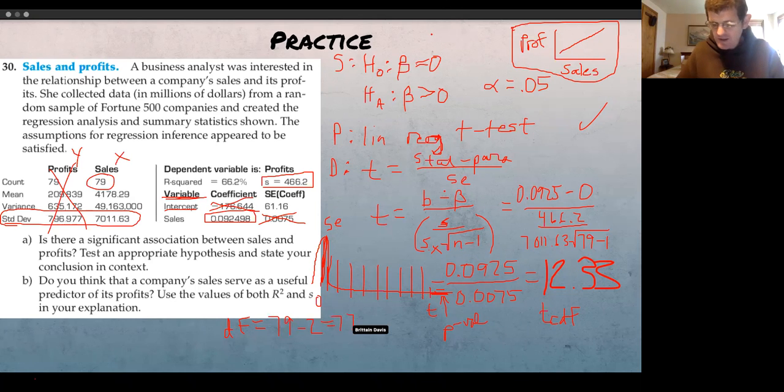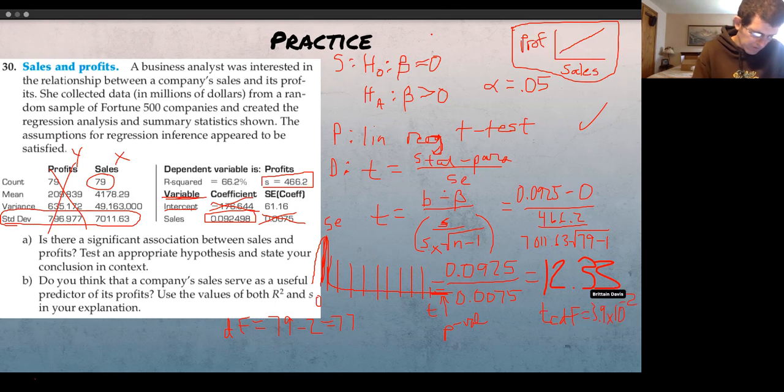So I can go to tCDF on my calculator, second, and variables. That gets me to distribution. Whatever your number happens to be, mine was 12.29. It's not going to make any difference at all. The upper is 99, and degrees of freedom 77. And this number is just so small: 3.9 times 10 to the negative 20th.